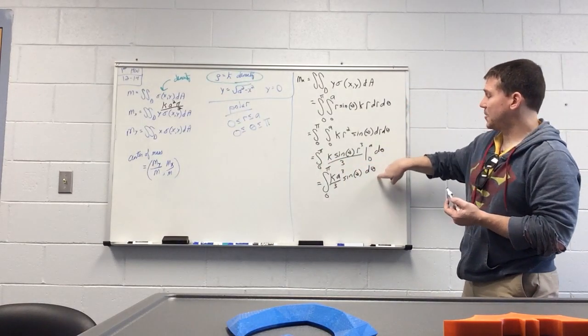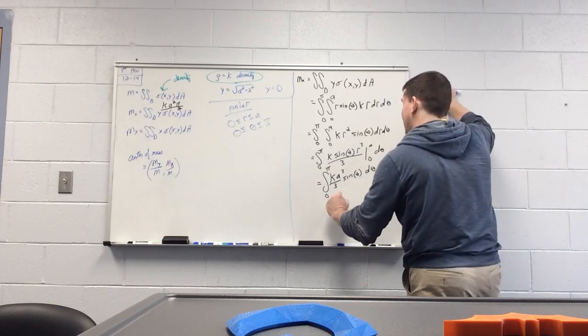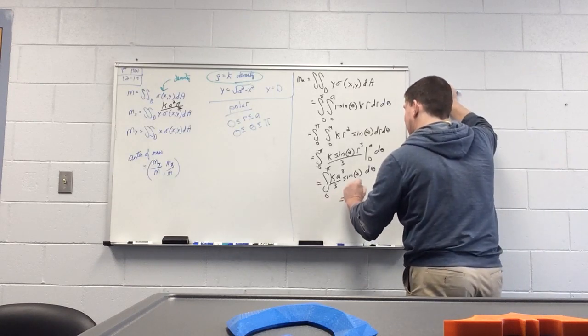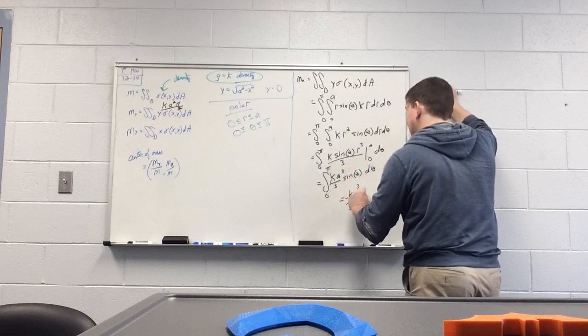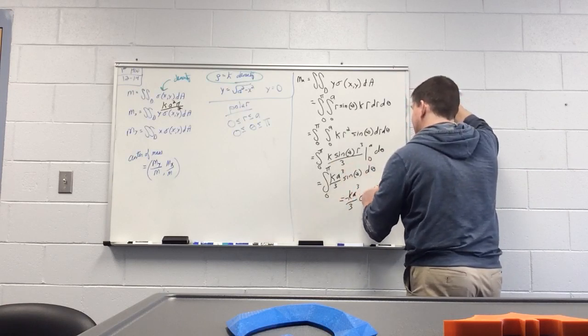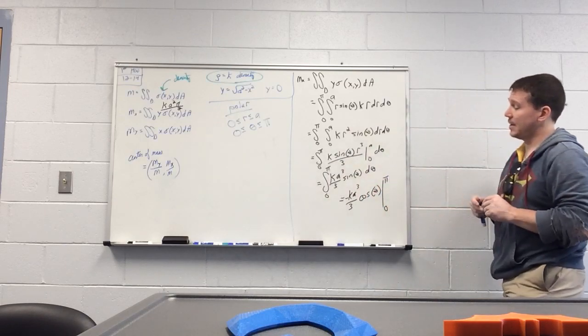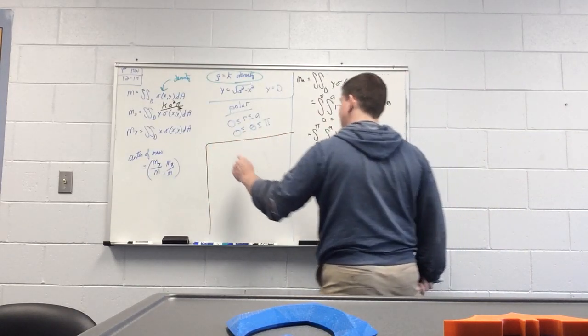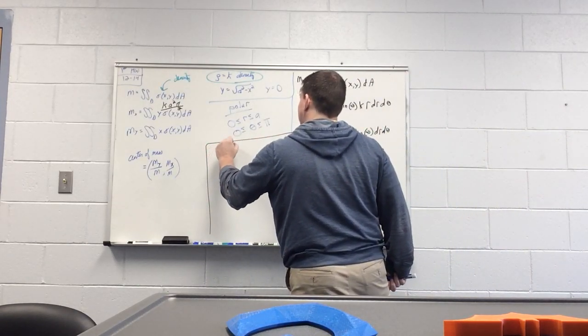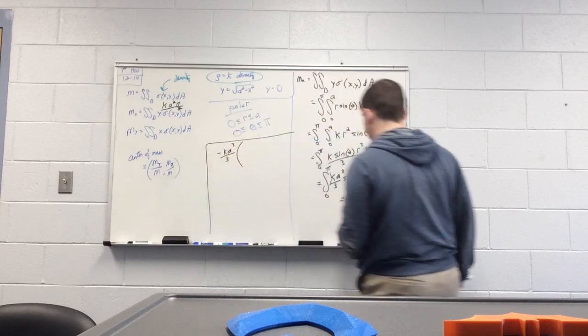Now integrate with respect to theta. And I get k a cubed over 3, antiderivative of sine is negative cosine theta, evaluated from pi to 0. And now I suppose I have to plug in just to be clear and write it out. So I'll get negative k a cubed over 3.